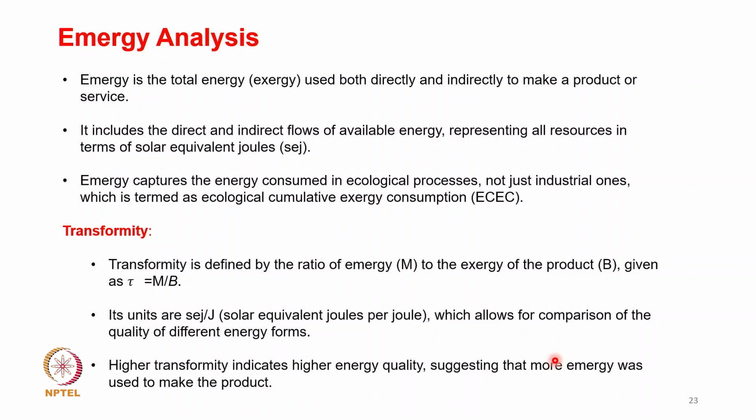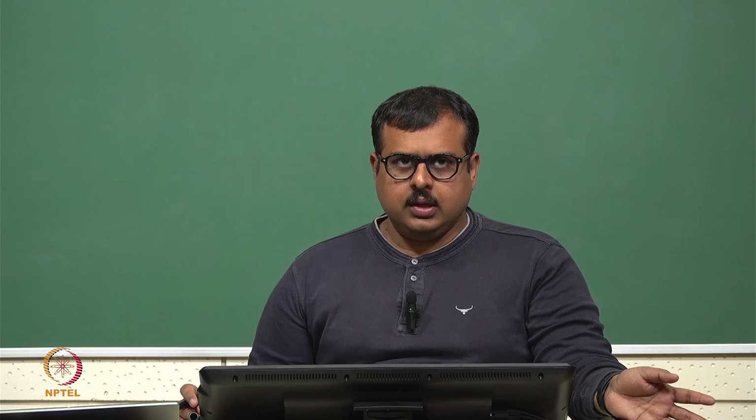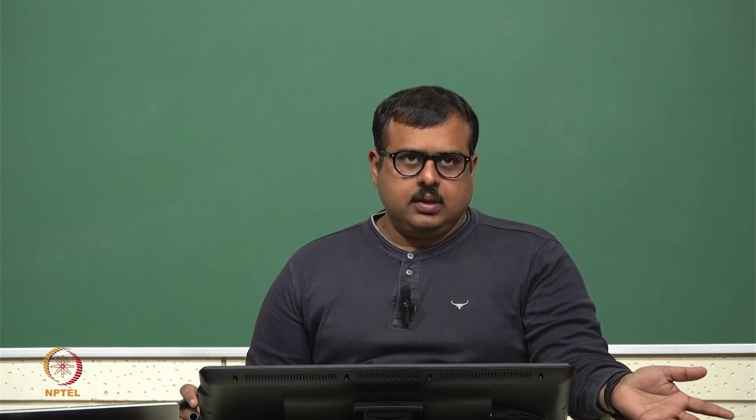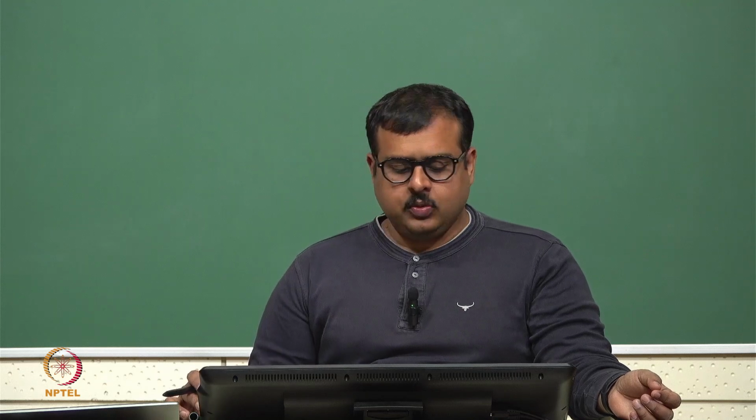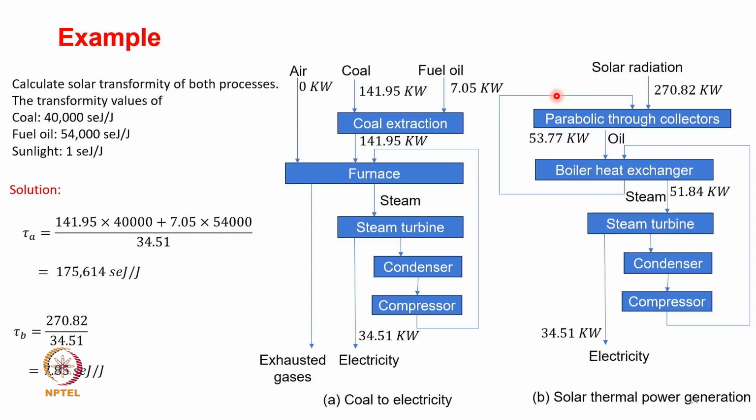So you use the direct contribution and indirect contribution, and it is the best, right? You are not missing anything. So emergy is the wholesome metric that connects both direct and indirect contributions of exergy that go into making a product or service.